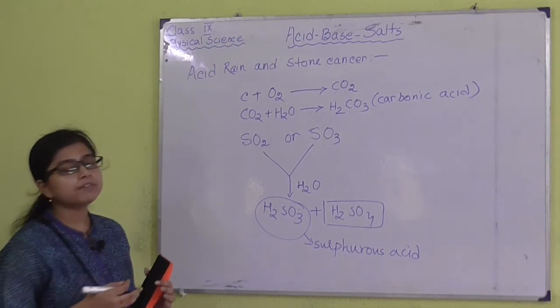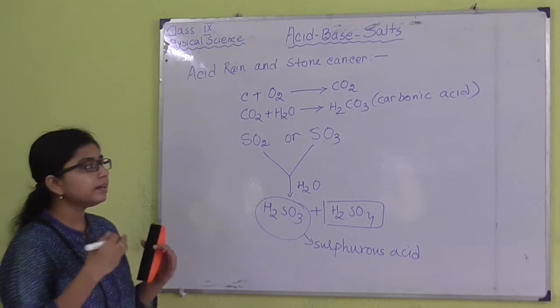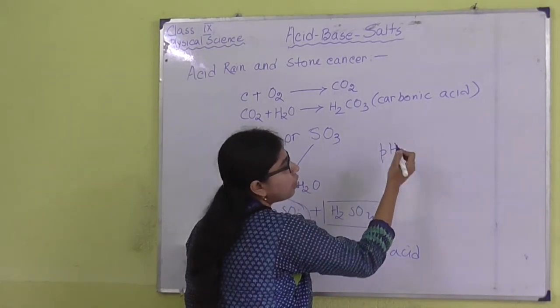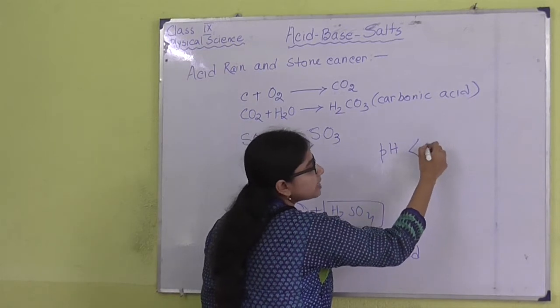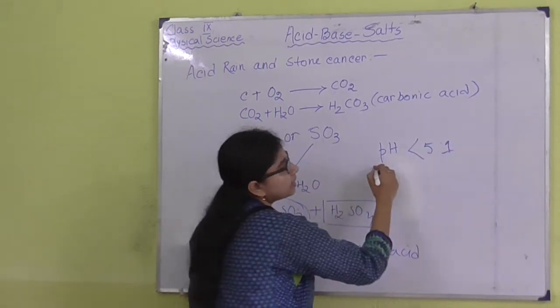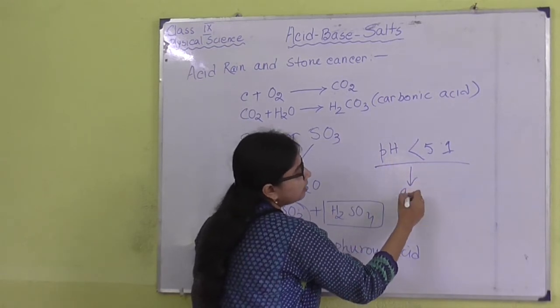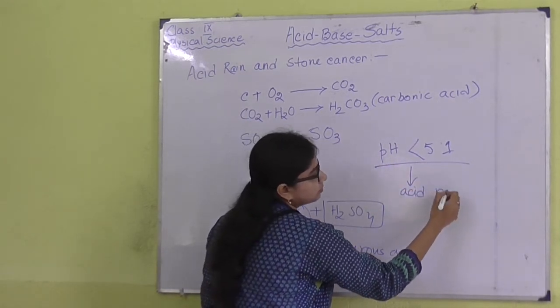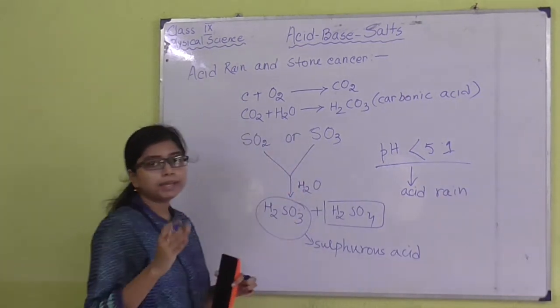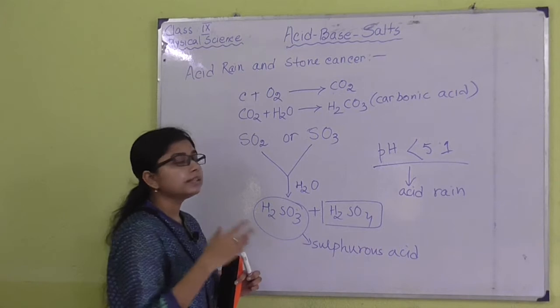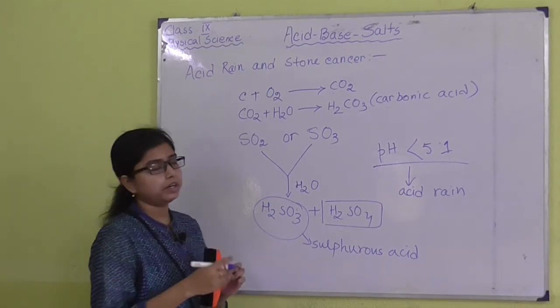That means the pH value is becoming lower and lower, and as I told you, when the pH value of rain becomes less than 5.1, then we can say it is acid rain.